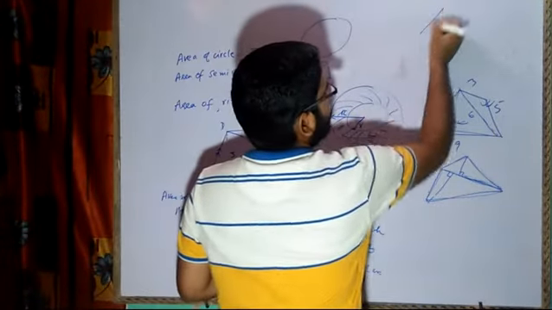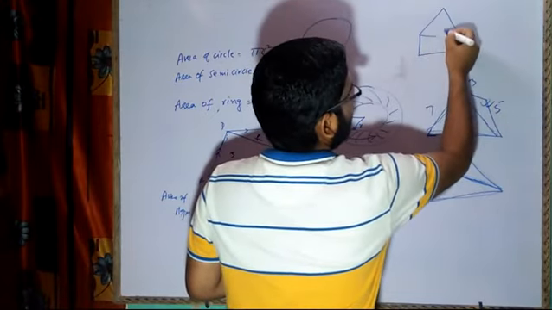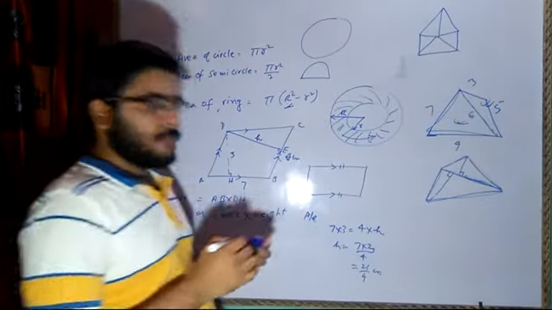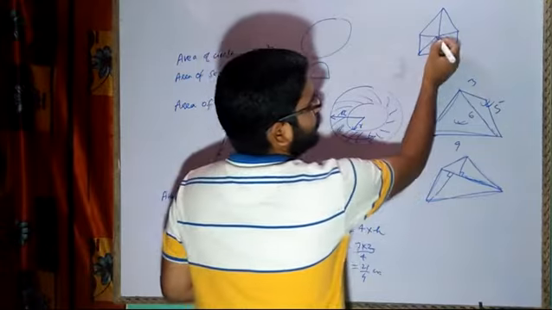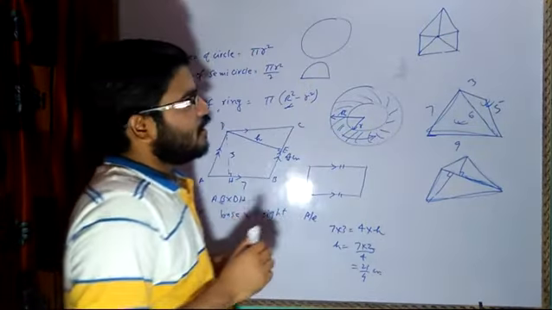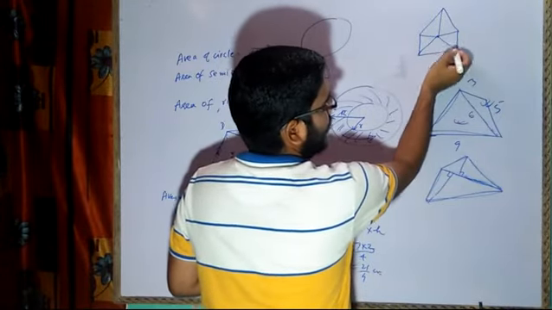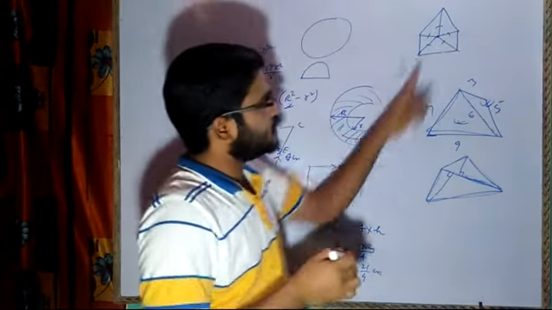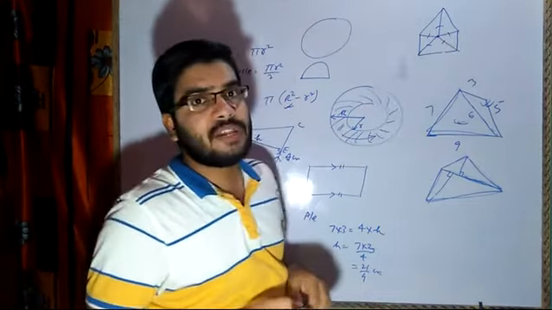Now if you have a pentagon, a regular pentagon, and we have to find the area of this pentagon, then what is the rule? In a regular pentagon, when we join the center with the vertices in such a way, these triangles will always be equilateral triangles.